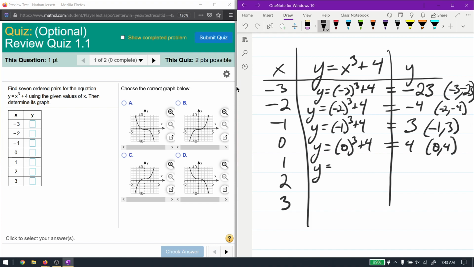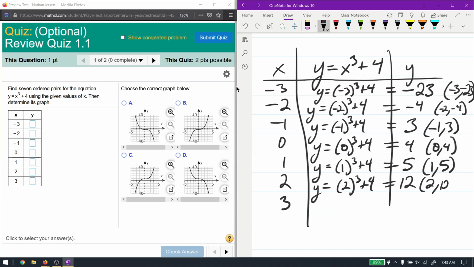Then we get y equal to 1 cubed plus 4. 1 cubed is 1, plus 4 is 5. We get 1, 5. 2 cubed is 8, plus 4 gives us 12. And finally, we have 3 cubed, which is 27, plus 4 is 31.